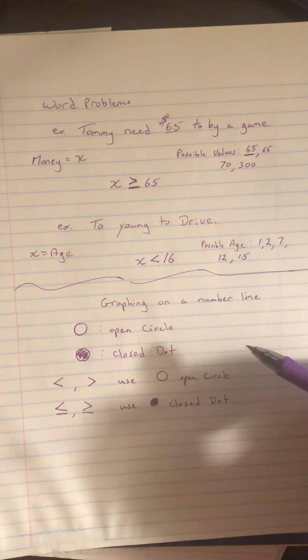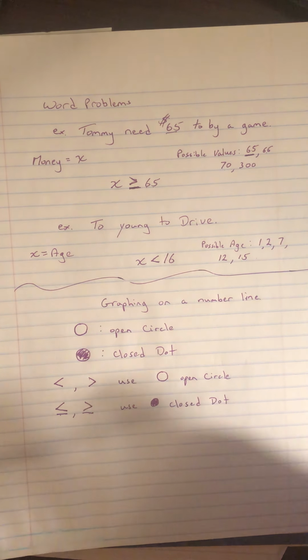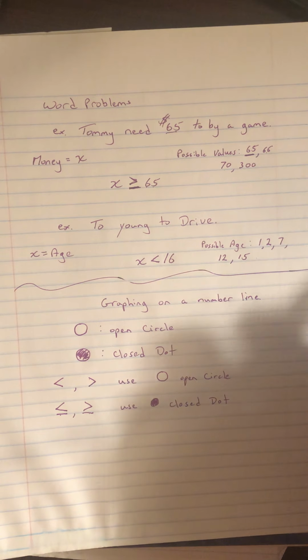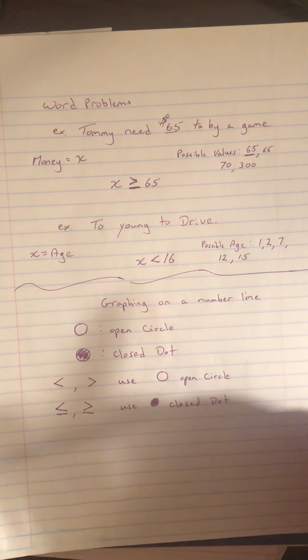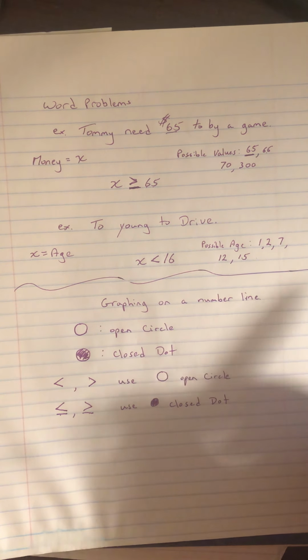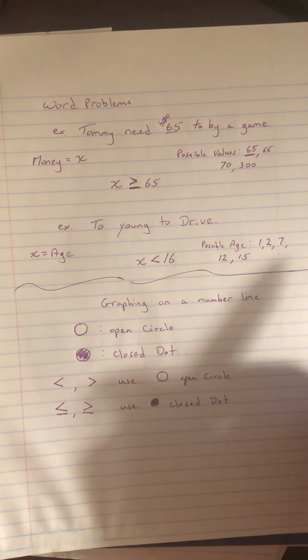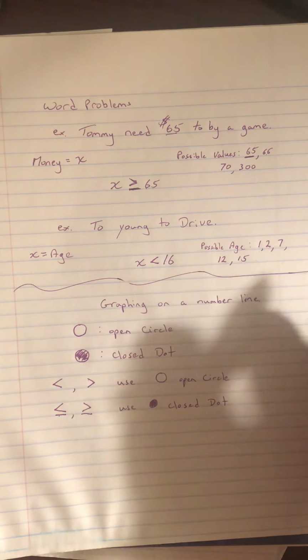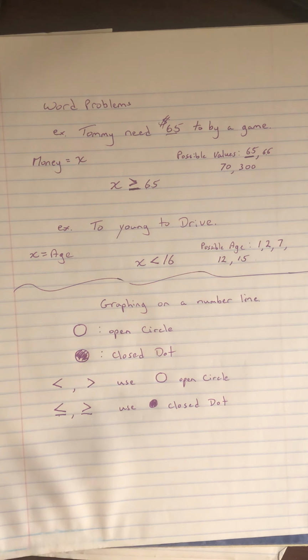Now, what these represent, and I'm pretty sure at some point this year we talked about how when we shade in dots on a graph, they are so close together that they become a line. All we see is the shaded in line. But remember, they represent an infinite number of points on that line.